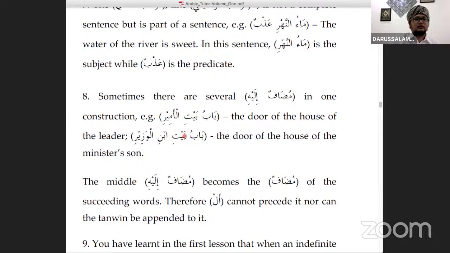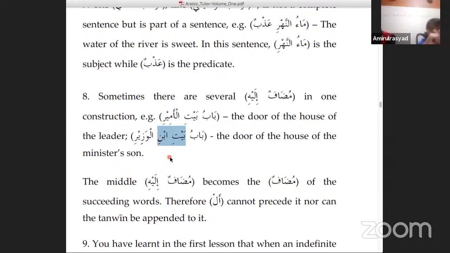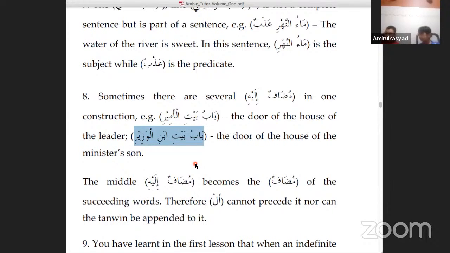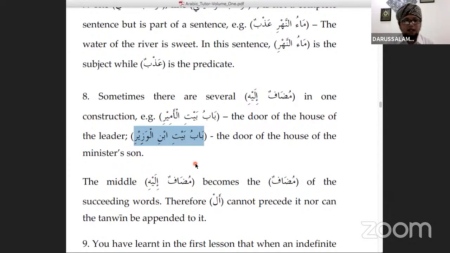Baiti ibni, the house of the son. Good. Try that bit. Ibn al-Waziri, the son of the minister. Then you can put that together. If you put that together now, it becomes the door of the house of the son of the minister.